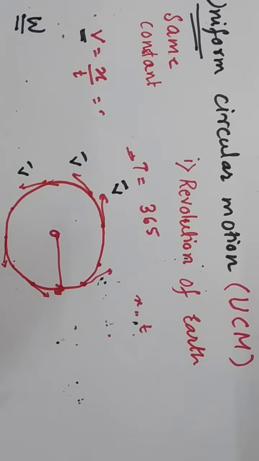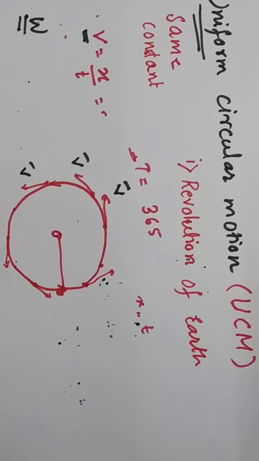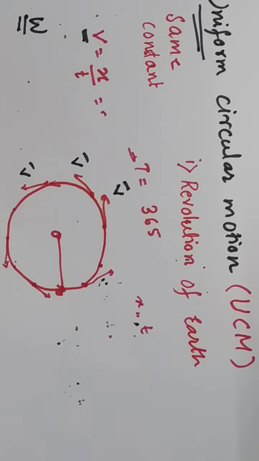Now, non-uniform circular motion means what? Non-uniform circular motion is nothing but motion of the particle with different values of speed as well as different values of velocity. That motion will be called non-uniform, or you can say accelerated.